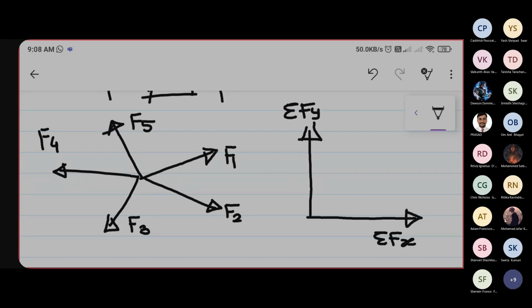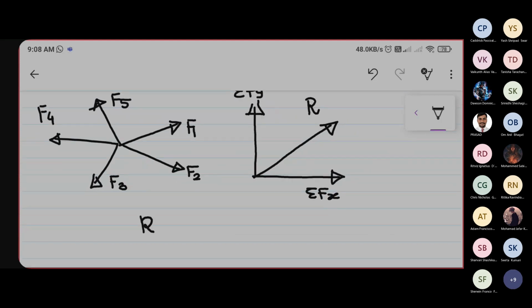Then you calculate the resultant. Now, if this resultant is equal to 0, then automatically summation Fx is 0 and summation Fy is equal to 0, right?